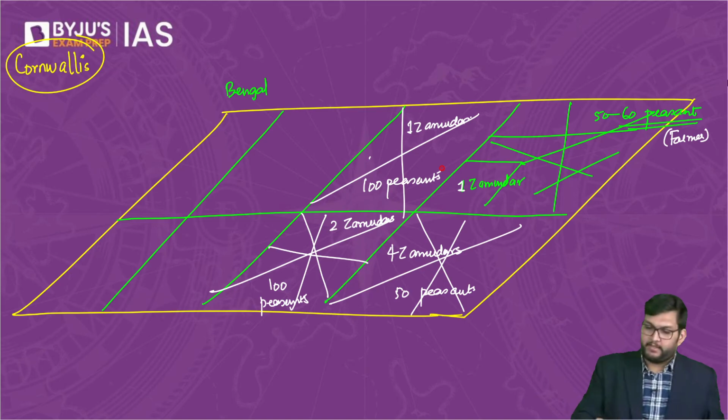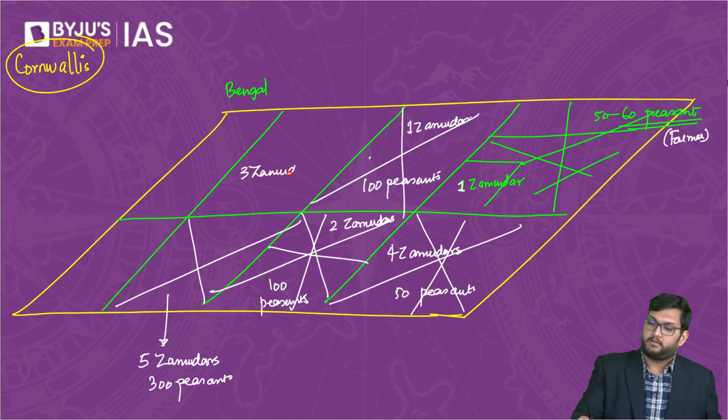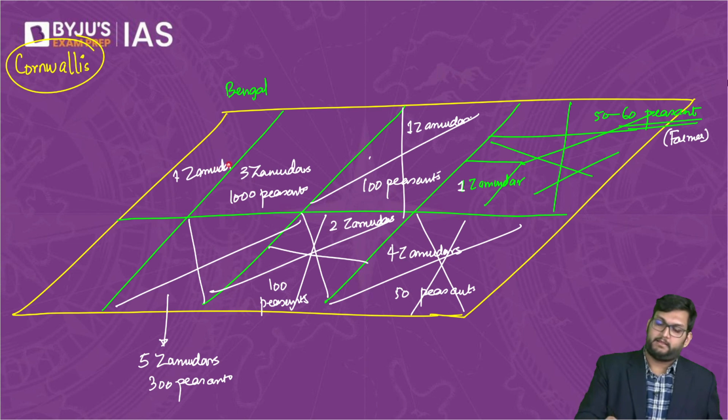Okay. Now, let's take the example for this. This has 5 zamindars and 300 peasants. This has 3 zamindars and 1000 peasants. This has 1 zamindar and 10 peasants.